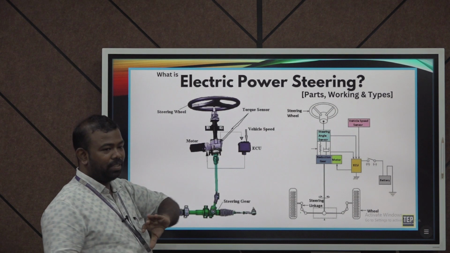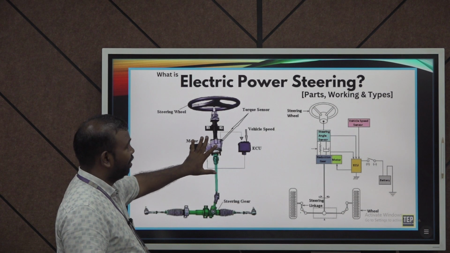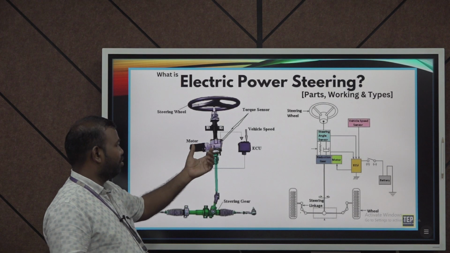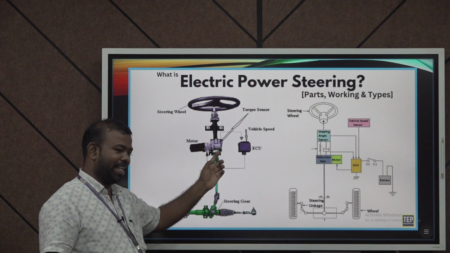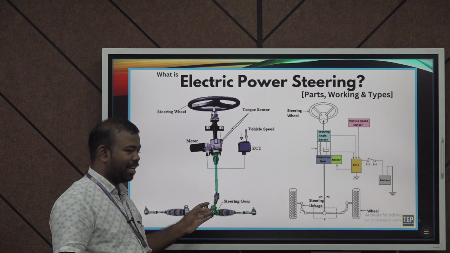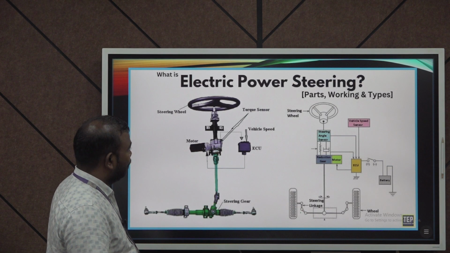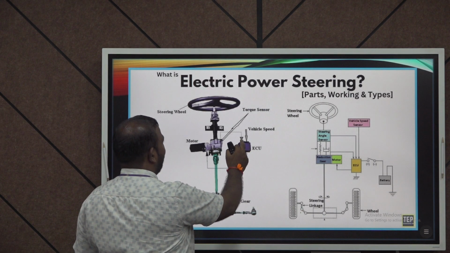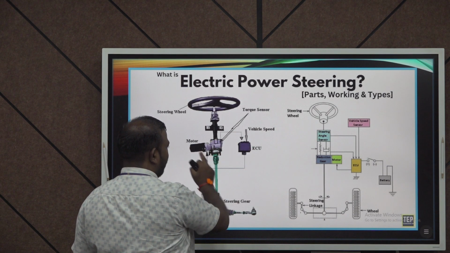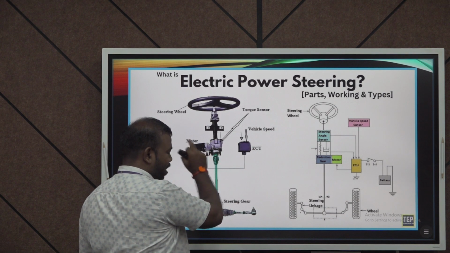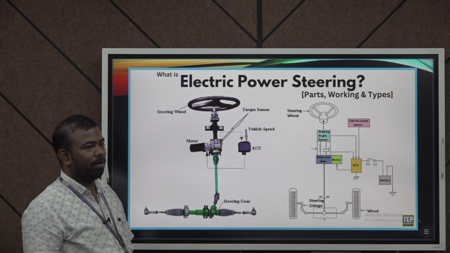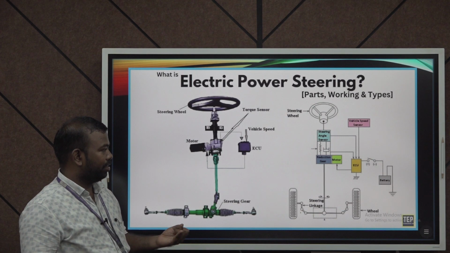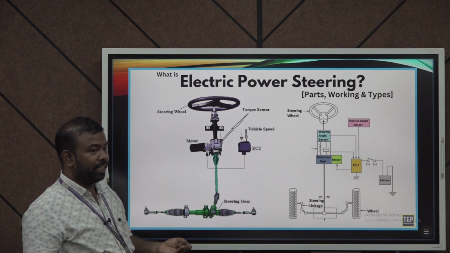There is no steering gearbox used in this type of power steering method. A motor is used for actuating the steering linkages and everything. From the ECU, that motor drive needs some data, particularly vehicle speed and tire position and everything.